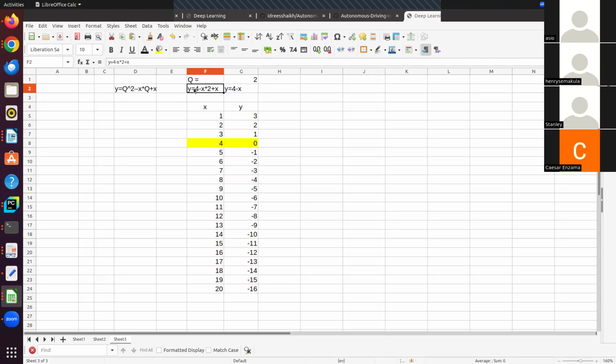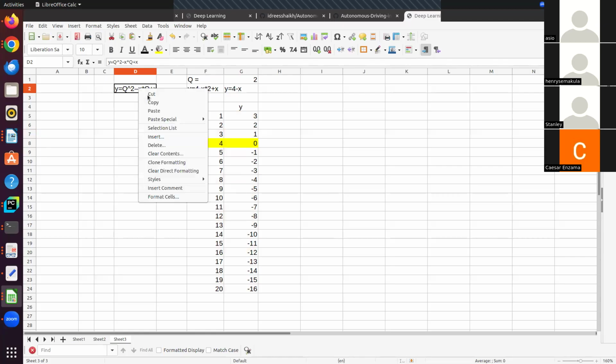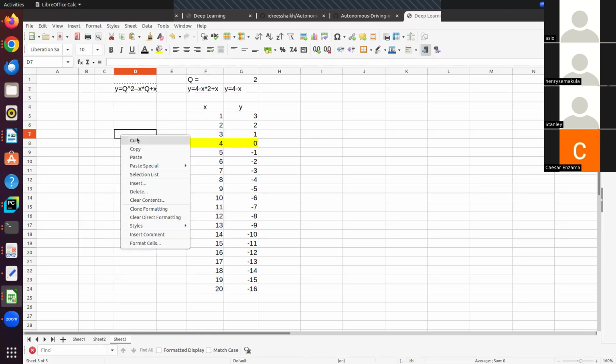We said this is the relationship between the x and the y, which depends on the q. Look at this one. If x equals 4 in this example, let me copy it and put it aside for a second.